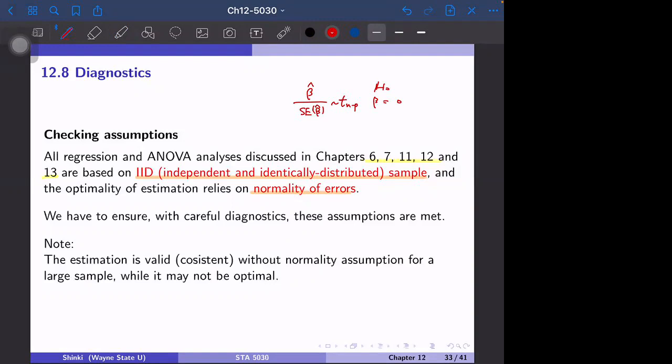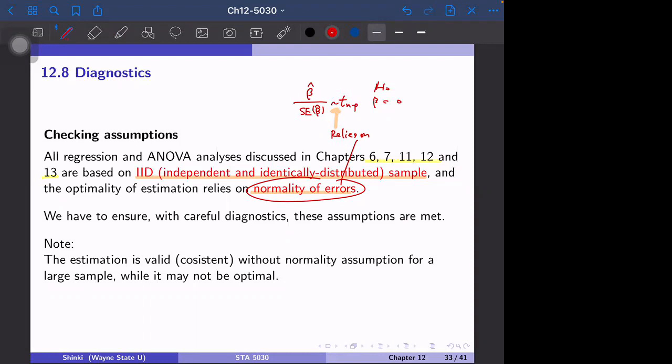If it's not normal, beta hat over the standard error of beta hat does not follow the t-distribution. So this depends on normality of errors. So we have to ensure with careful diagnostics that these assumptions are met.